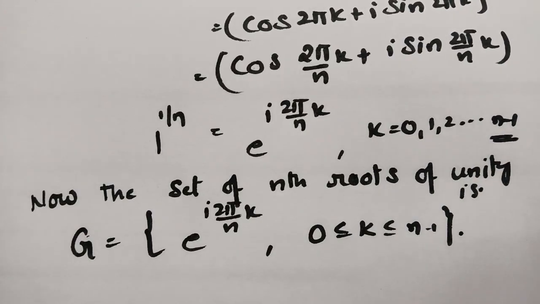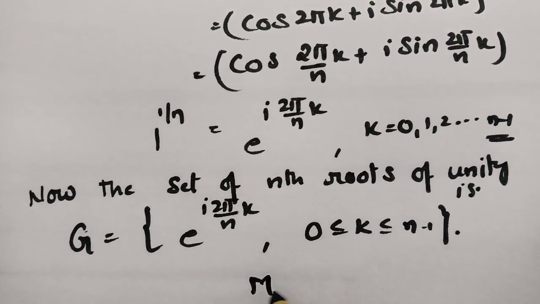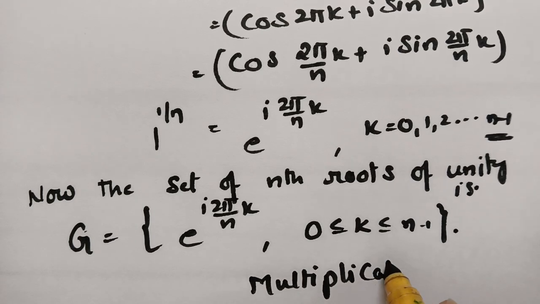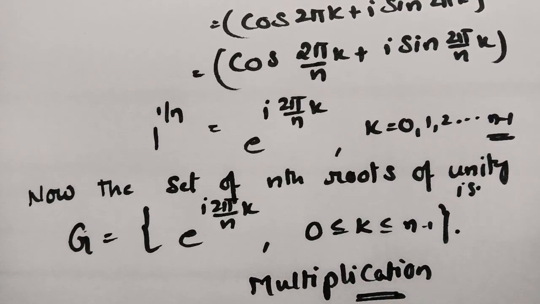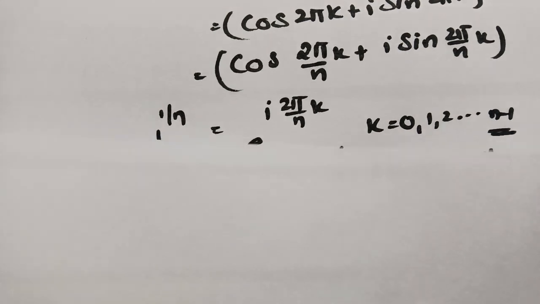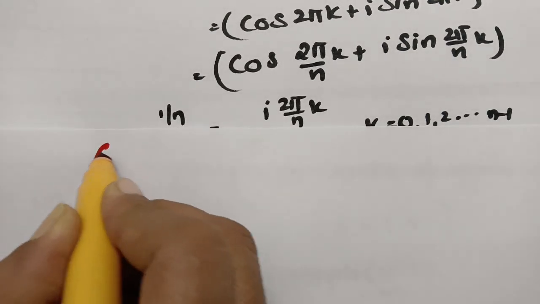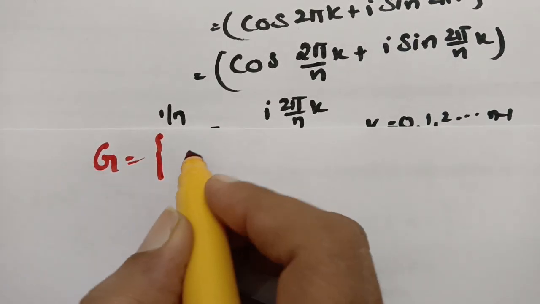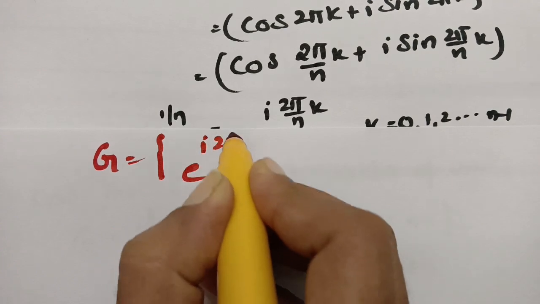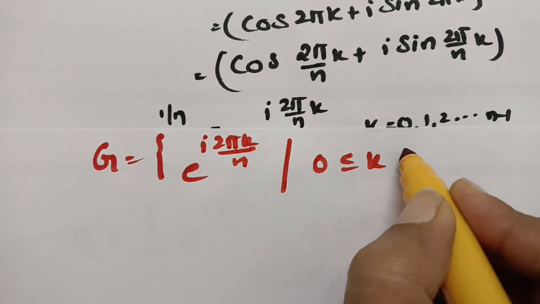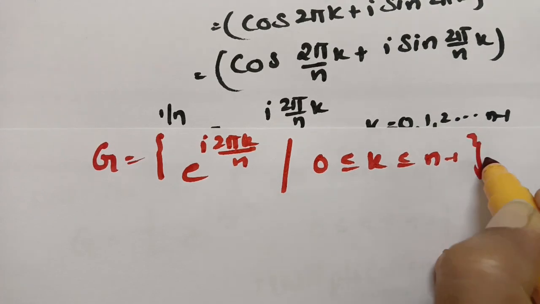So what is the binary operator here? Multiplication is the binary operator. We have to use multiplication as a binary operator, and we have to show all the 5 properties. One is closure, associativity, identity and inverse. So here let me write the set here. G is a set which is of the form e power i 2 pi k by n, where 0 less than or equal to k less than or equal to n minus 1.